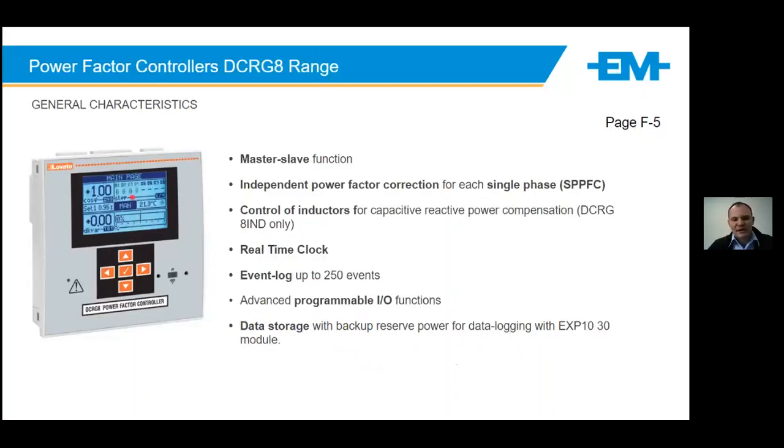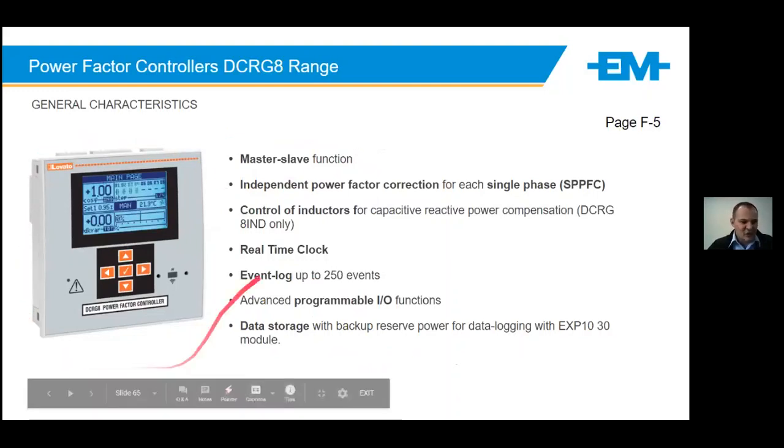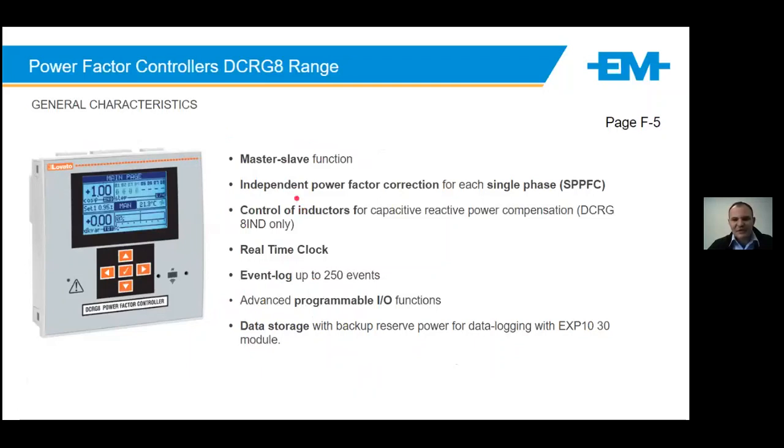Quite unique, and I don't know if there are other competitors that have such a function, is the master-slave function, which I will discuss later. It can be used if required in a single-phase switching environment. It can be used for inductive type power factor systems. We personally have never installed one of those. No real requirement has come up.